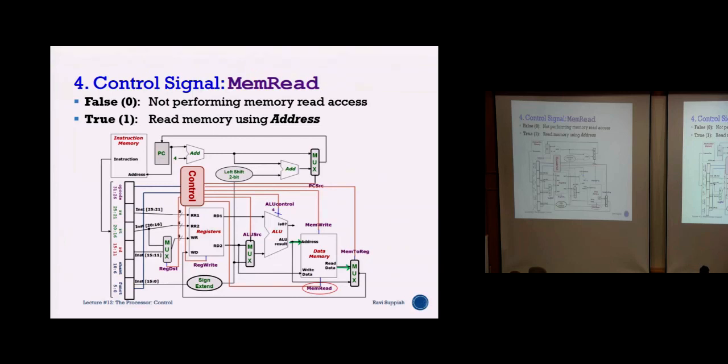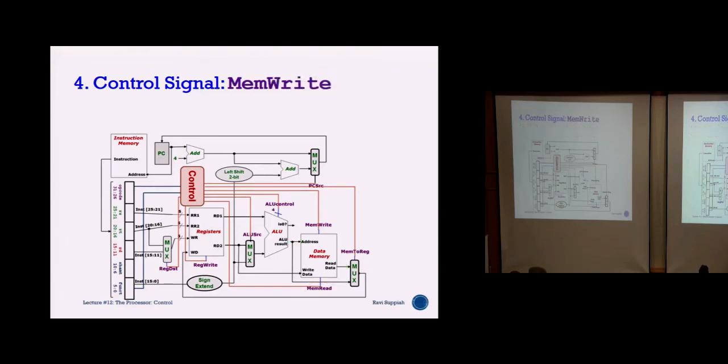That is your memory read. Similarly for memory write, if I provide the address here and the data here and I activate this memory write pin, then I'm telling the memory block that whatever is on my address bus is the address I want to write to. The data bus has the data, so now we go and update the memory once the memory write pin is activated.